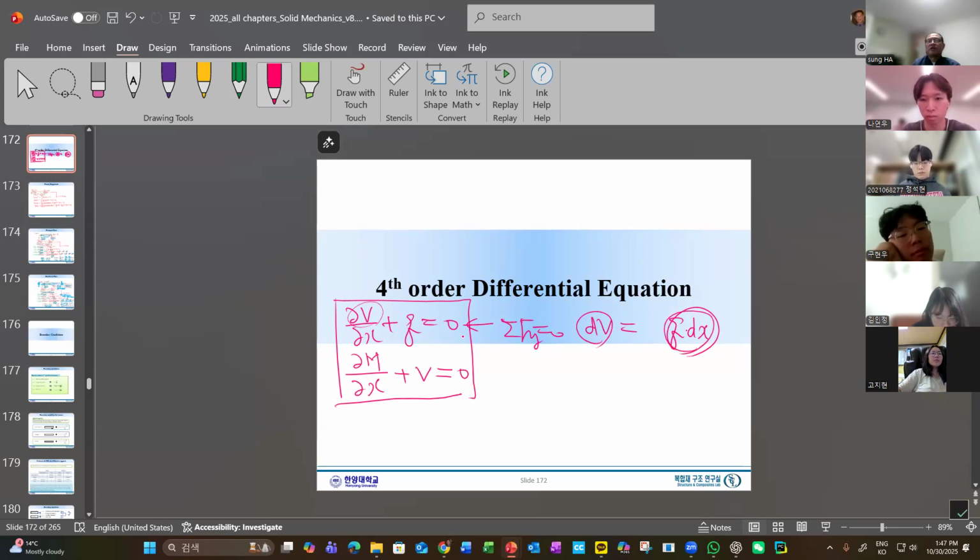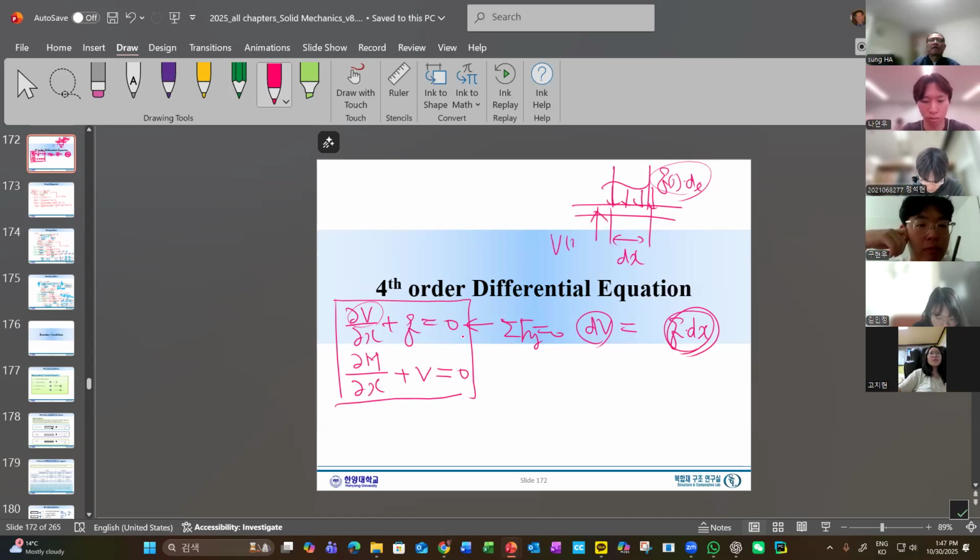Say Q times dx, what is that? Say we have a beam, we have a Q downward, then this Q(x) dx gives us the force over dx, right? So this is the force downward, and then on the left-hand side we have V(x), and the increment of V(x) plus dx, dV. So what does it mean? Okay, sorry.